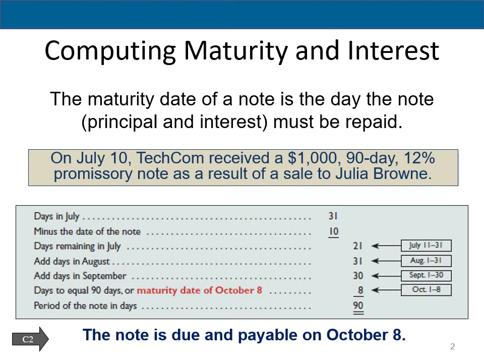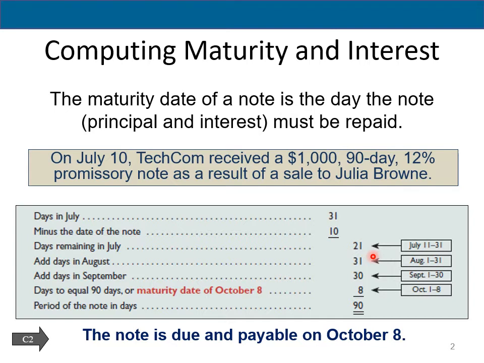So 31 days in July, the note was signed in July on the 10th, so 31 minus 10 is 21. 31 days in August, 30 days in September, and then 8 days in October. So the note matures on October 8th.